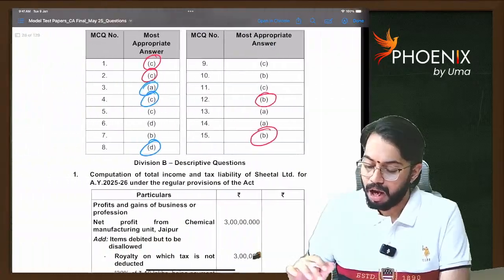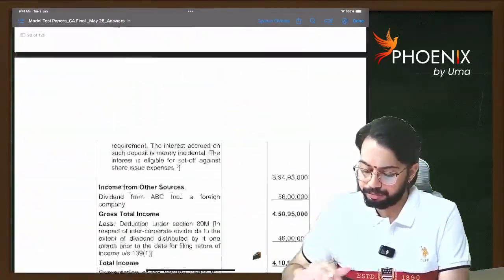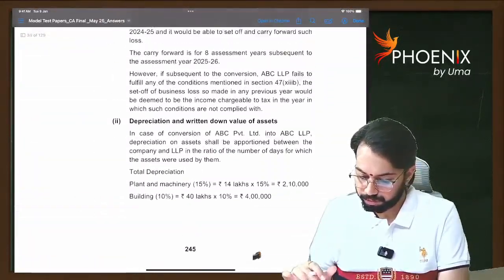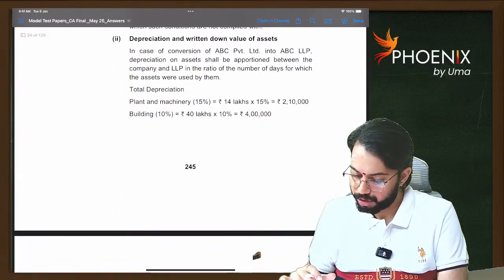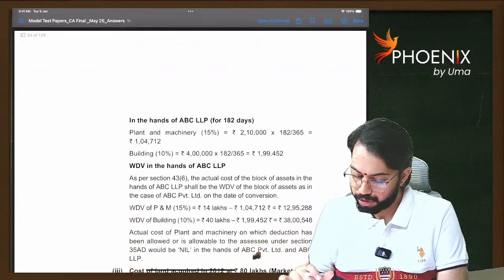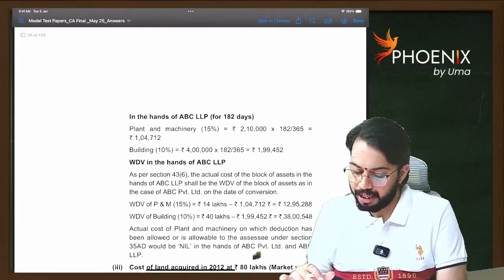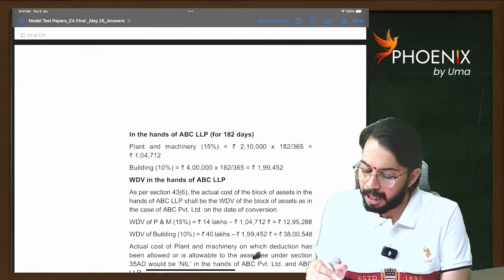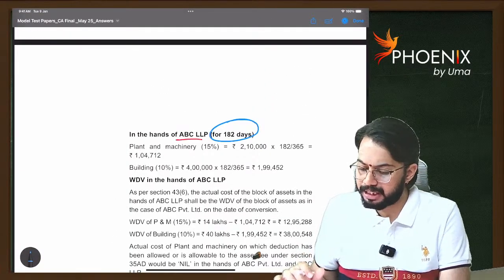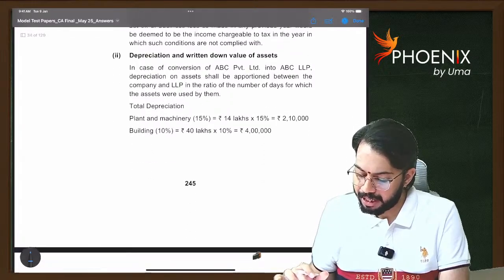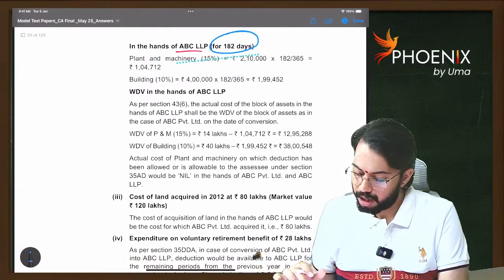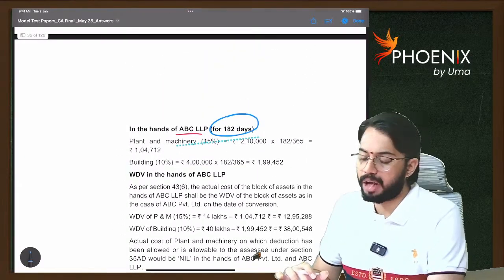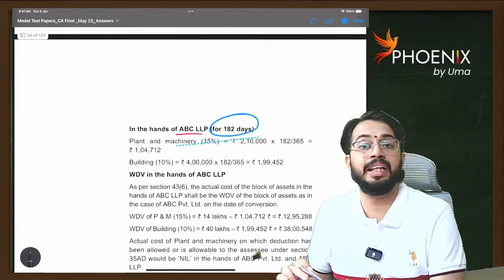Now I will show it in the answer also. You can see it was allocated to the LLP on a 182 days basis, and it will be allocated to the company in the ratio of 183 days.